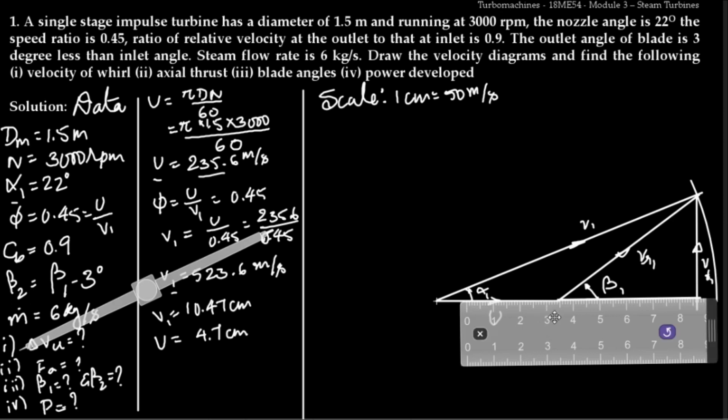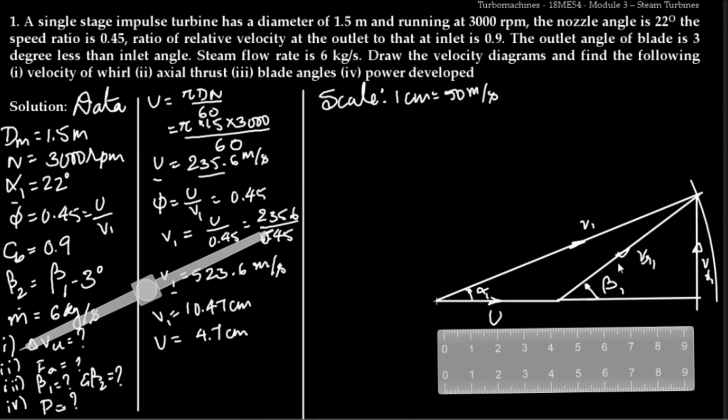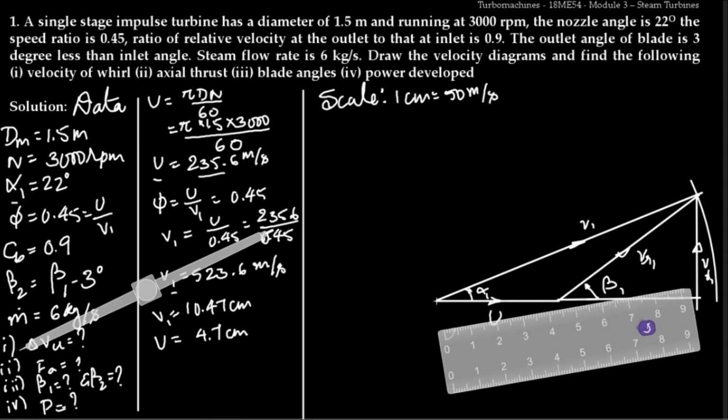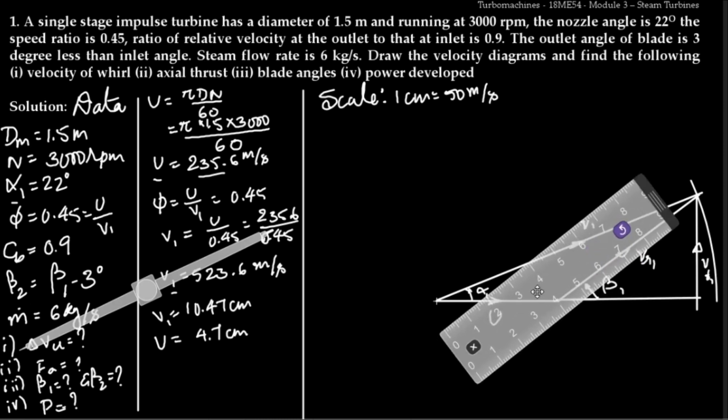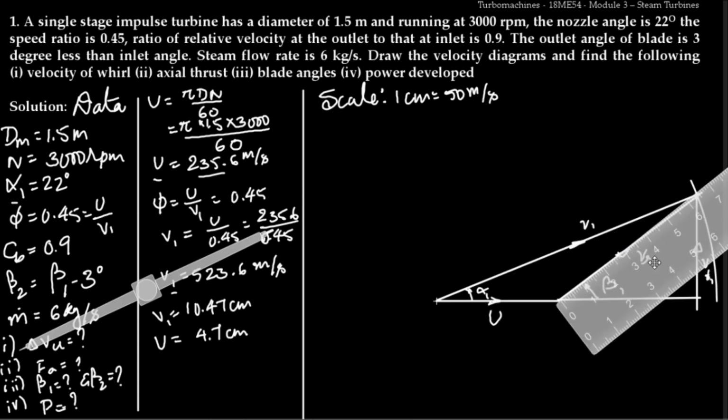Now I need to measure the length of VR1. So I'll place the scale here, and we can see that the length of VR1 is around 6.4 centimeter. Now with the help of CB, I need to calculate the length of VR2.